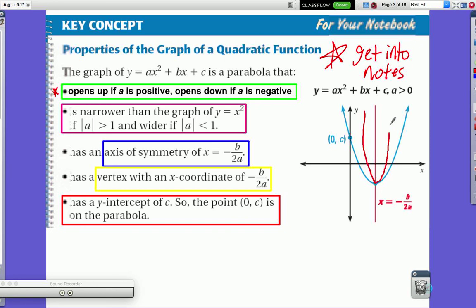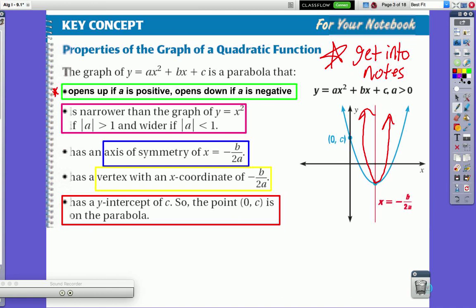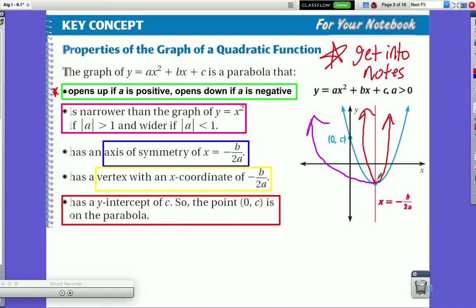It gets wider if the absolute value is less than 1, so our graph will get wide like this. That's called a vertical shrink. The first one is a vertical stretch. Those are also words you may hear.